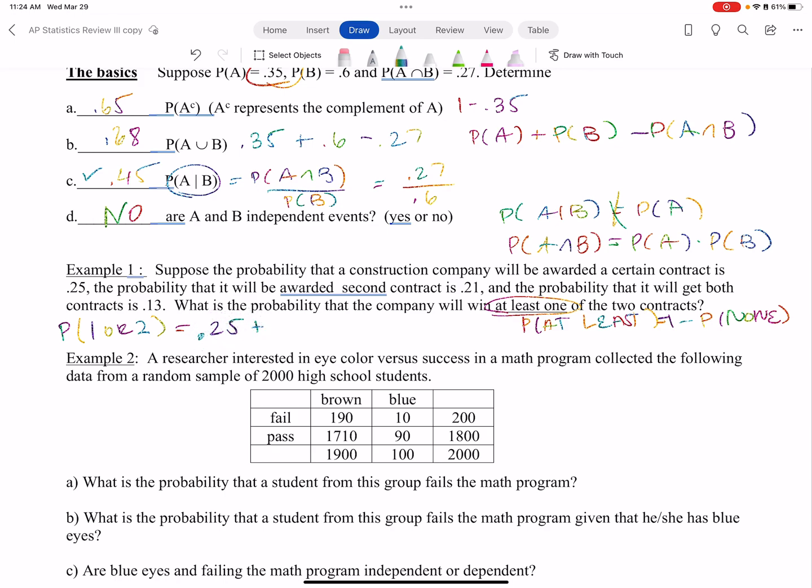Probability of contract 2 is 21%. It's contract A and contract B, or contract 1, contract 2, doesn't matter. But minus, it says the probability that I am going to get both contracts is 13%, so that got counted twice, so that's going to be probability of A plus B minus the overlap, which is 0.33.